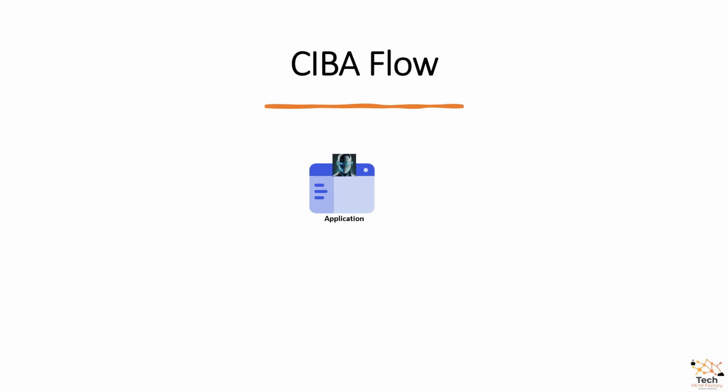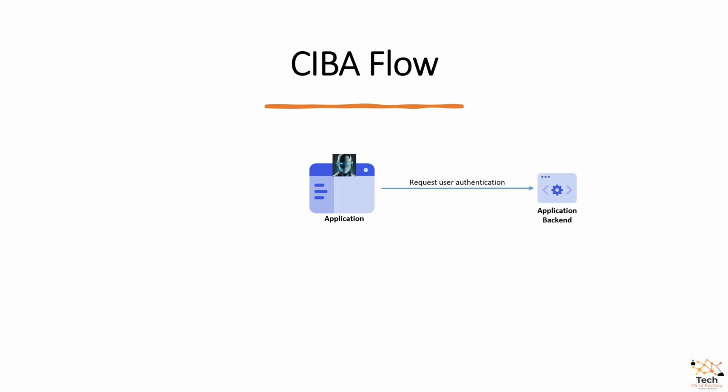So here is the application. And again, in the context of this video, I will refer to AI agents. I also prepared one for the demo because I believe that CIBA will be extensively used in those scenarios with AI agents. So there is an application, obviously, which provides an interface to communicate with the AI agent.